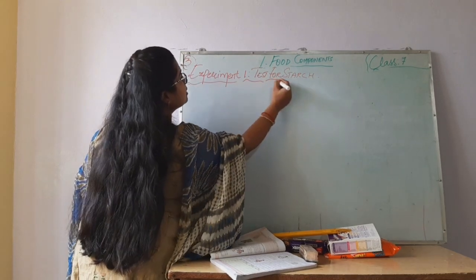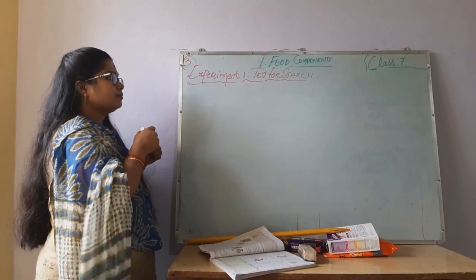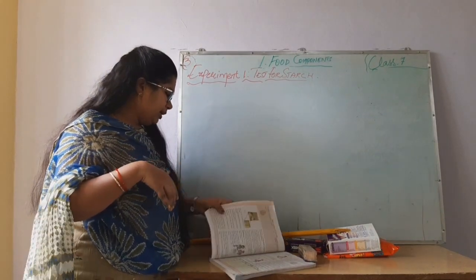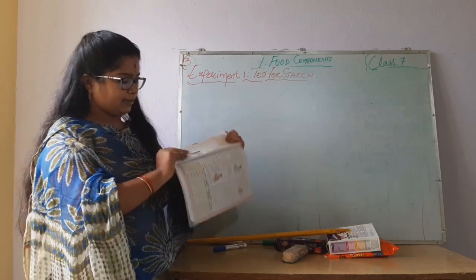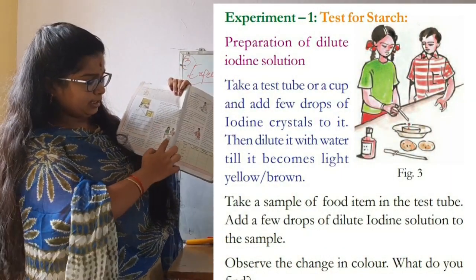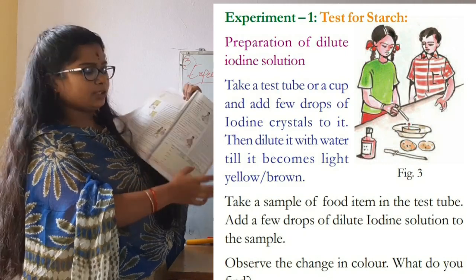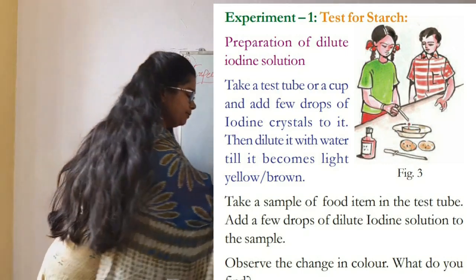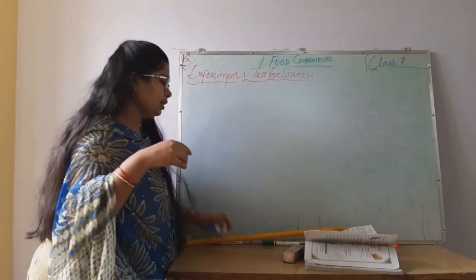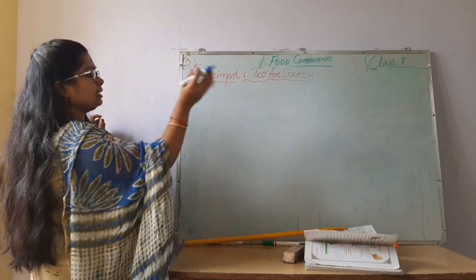So, what is the test for starch? This is page number 2. Here it is, test for starch. To test the starch, what will you do? Let us learn. First, you need to prepare for testing starch.